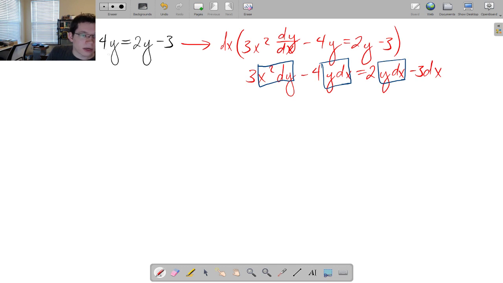If you can consolidate all of the y's to be by itself and have a dy dx, then you'll have 3x squared dy dx minus 4y, and I'm going to move this 2y to the other side. Now combine.